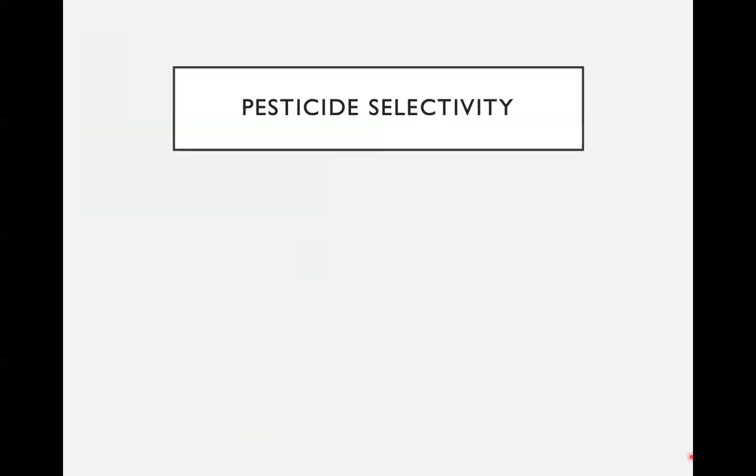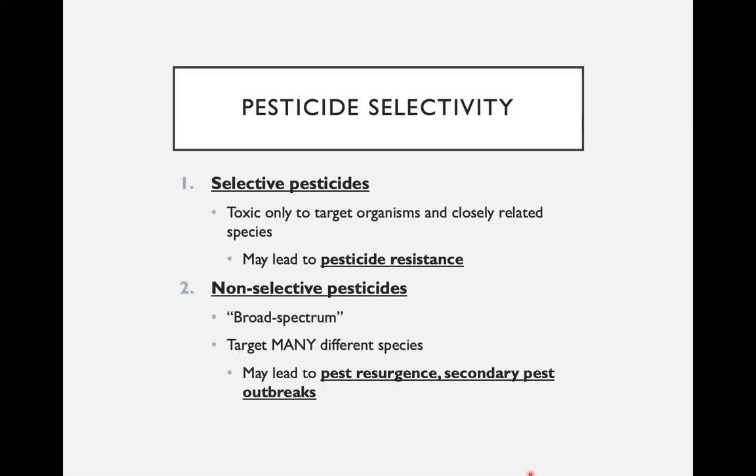All right, so I kind of already mentioned that if we are to use a pesticide on the farm, it's best to go ahead and try to select the most targeted type. What I mean by that is that there are selective pesticides and pesticides that are considered non-selective.